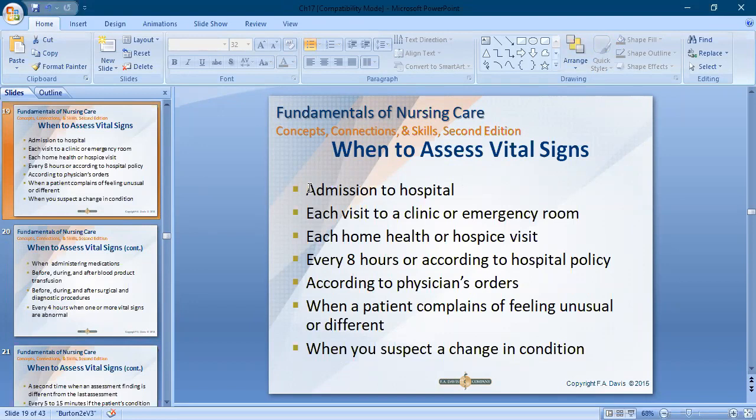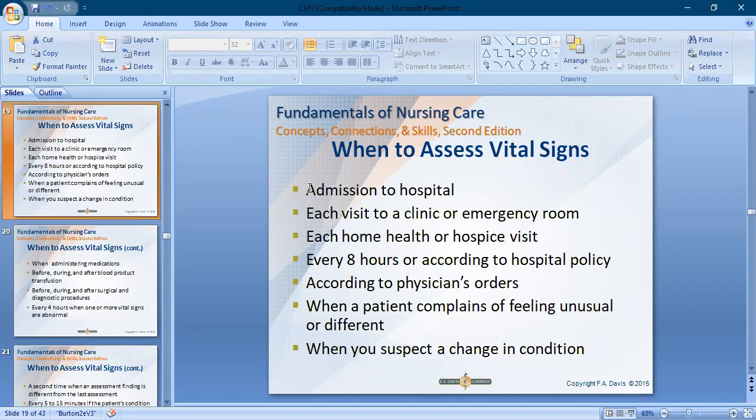Or every time there is a visit to the clinic, emergency room, or each home health or hospital visit. They have to be checked every 8 hours when the patient is hospitalized already, every shift, or we have to follow according to the hospital policy or the physician order.